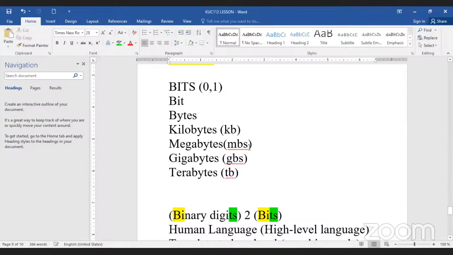So I want you to know how many bits make 1 byte, how many bytes make 1 KB, how many KB make 1 MB, how many MBs make 1 GB, and how many GBs make 1 TB.